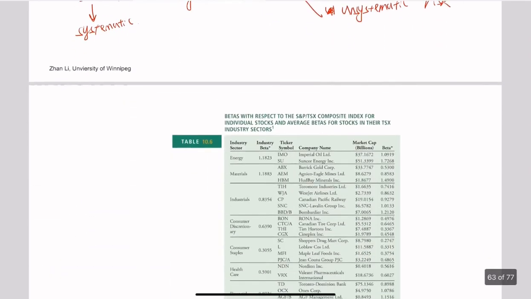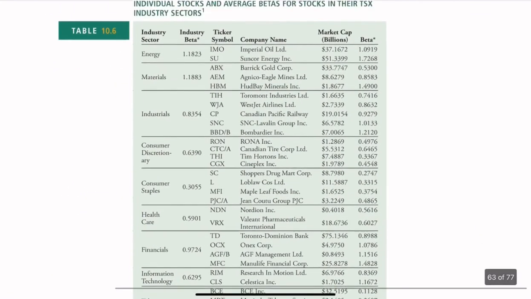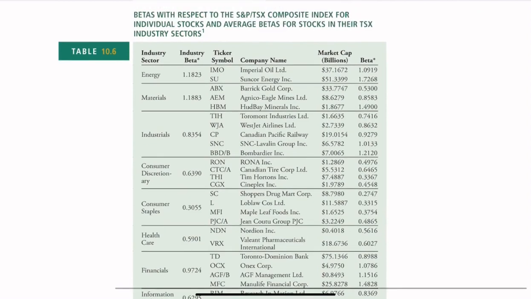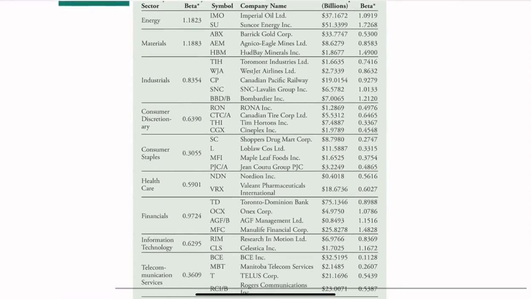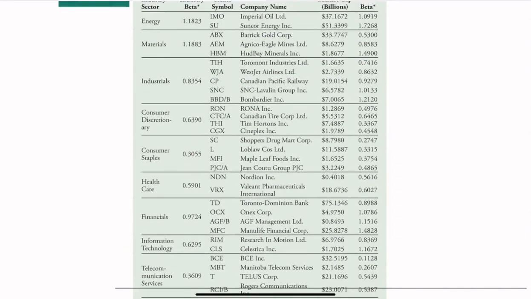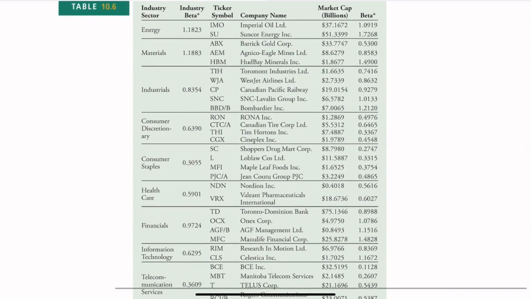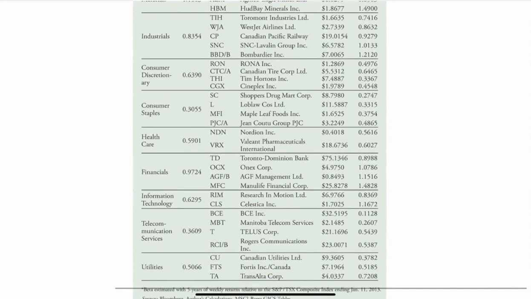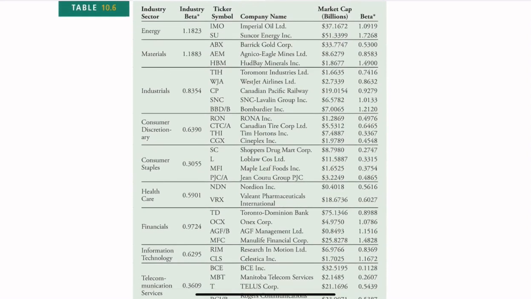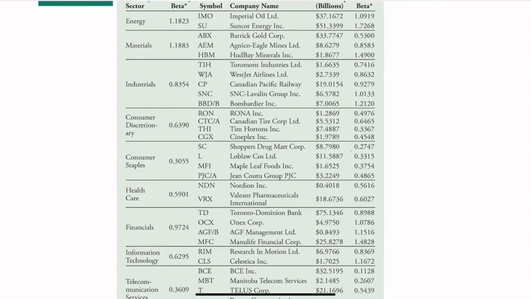Okay. Now let's look at some data and understand why we could see different betas for different firms. So this is the table, I think, for the Canadian market. Here you can see that for different firms we could have different betas. For example, for Shoppers, its beta is quite small.